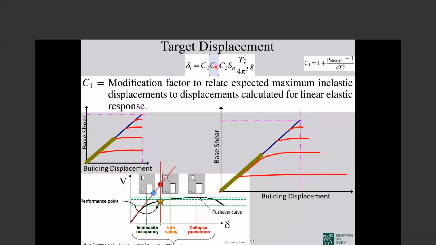So this coefficient sometimes is 1, sometimes more than 1. And this formula takes care of that, and the strength is important for short period buildings. Also, there is the effect of soil in this alpha, but the formula is not important for us.